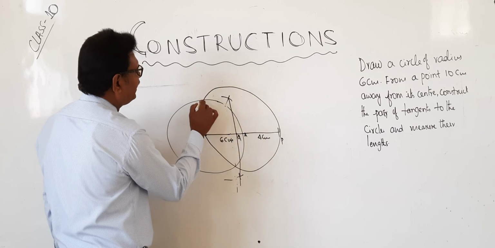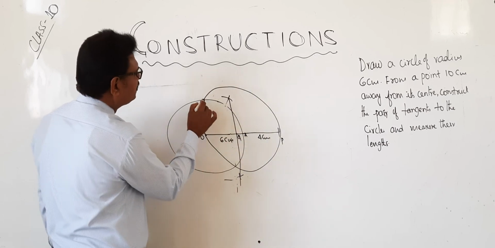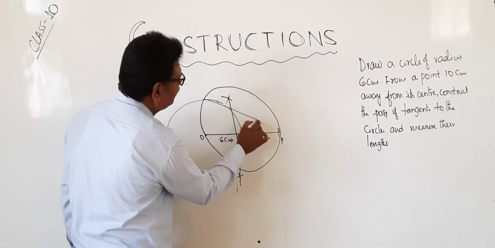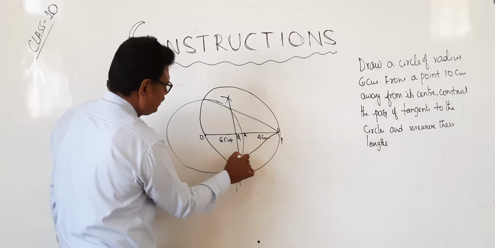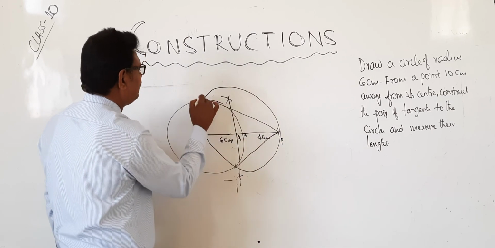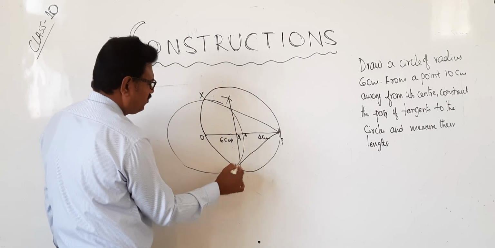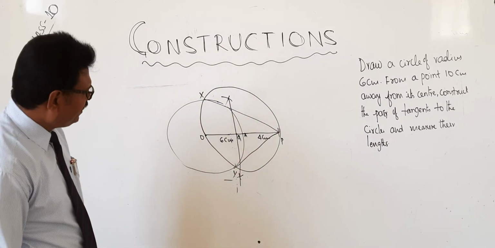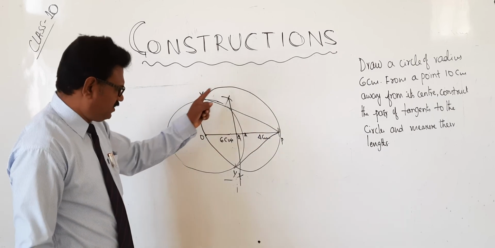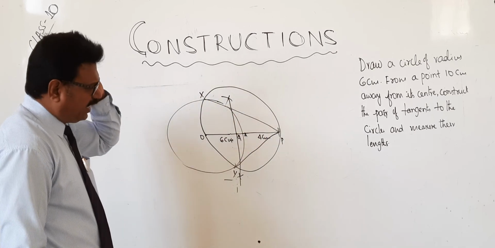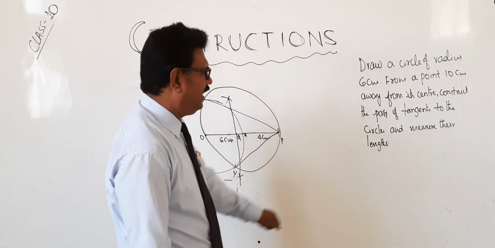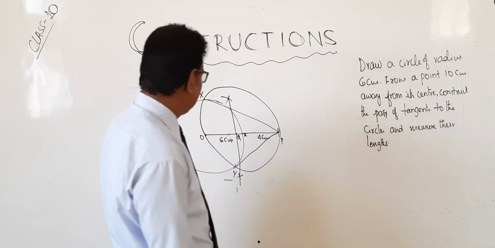Where it intersects the previous circle, you just join. That's all. This is one and this is second one. So this is X and this is Y. Are you understanding? P to X and P to Y.